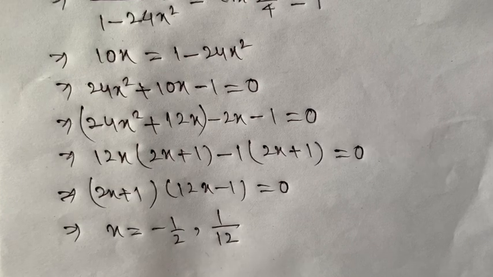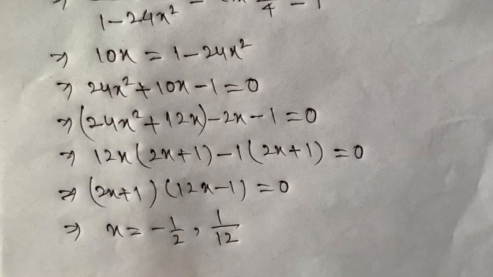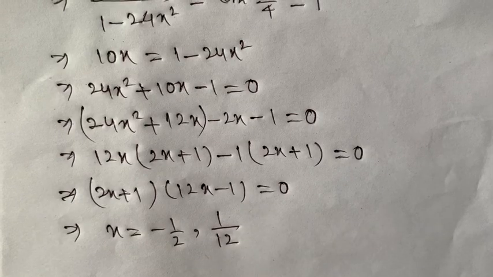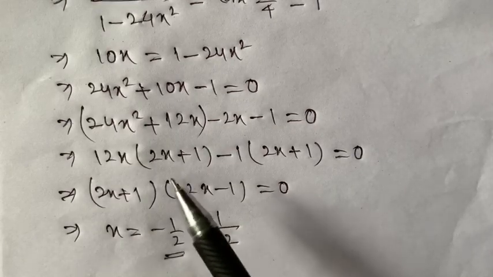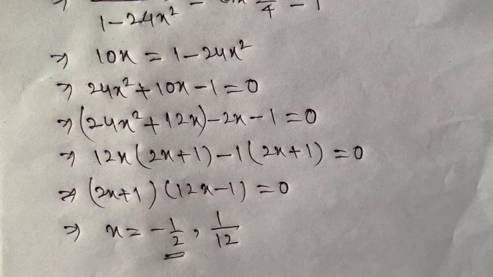Now we will check whether both the values are admissible. Here we can see negative values will not satisfy because in the right hand side we have a positive quantity pi by 4.